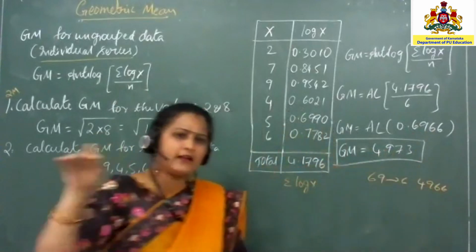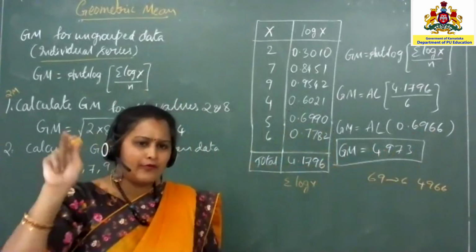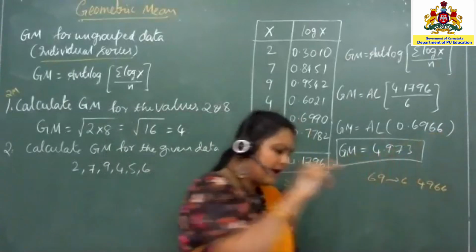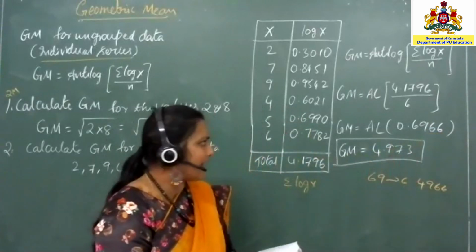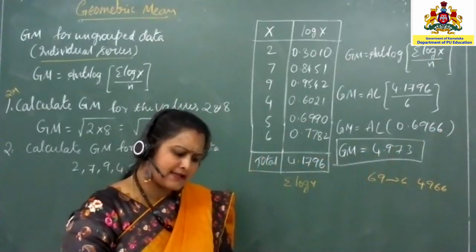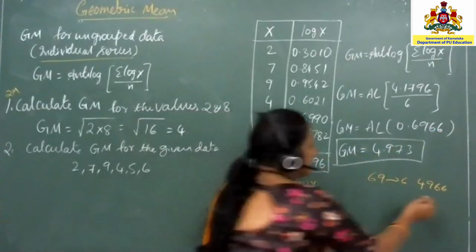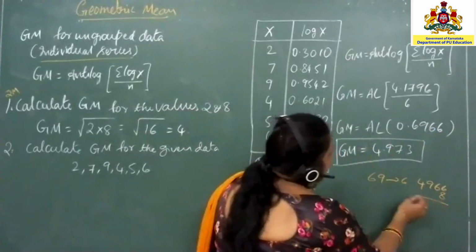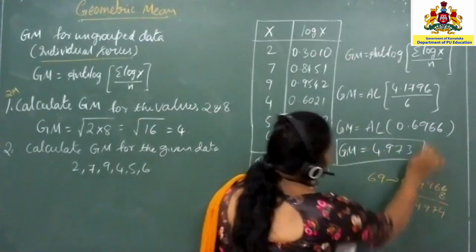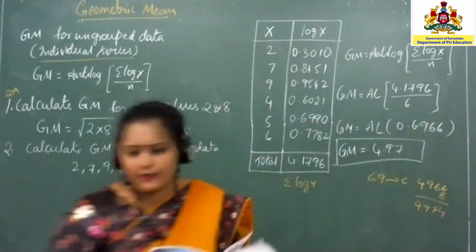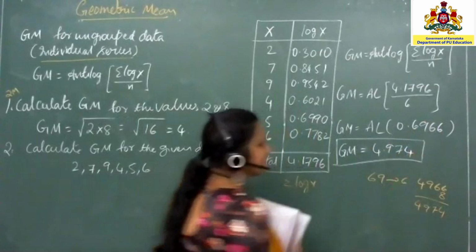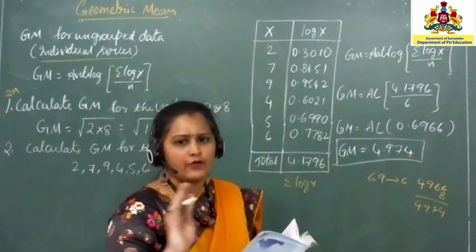If you go horizontally, you find the mean difference there. Because you have the value 6 here, you check the mean difference under 6, which is 8. So you add this, and the value is 4974. So the last digits, that is 4974, you should write.